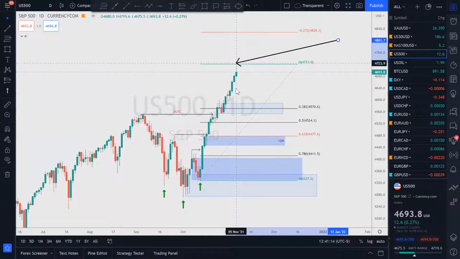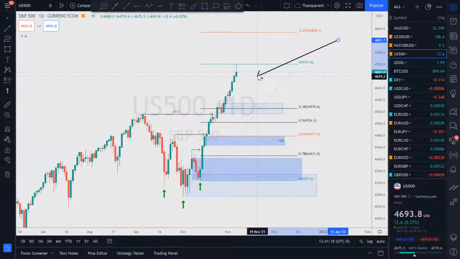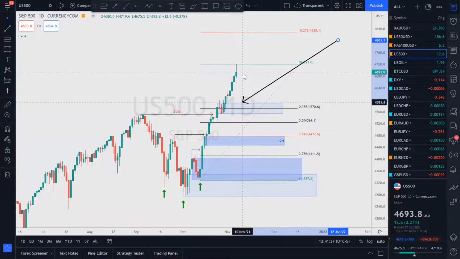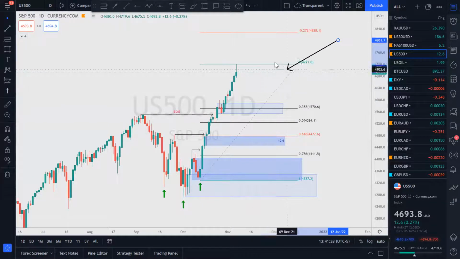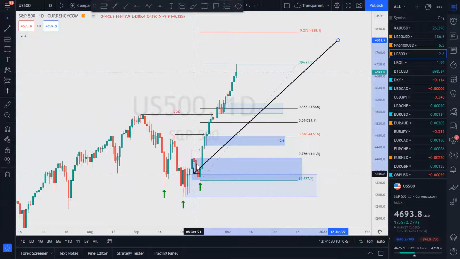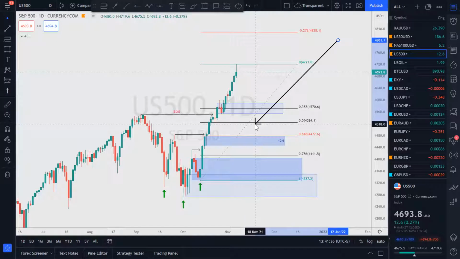Maybe it won't break that high, but it will give a significant amount of pips to trade. But what you want is to make sure you measure the impulse so that you can get a fix on the possible correction with your Fibonacci.